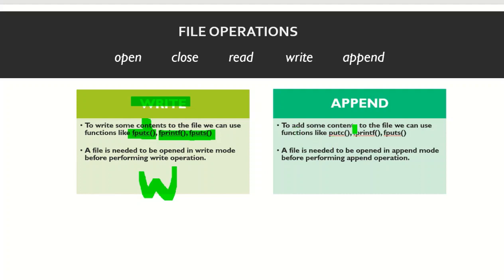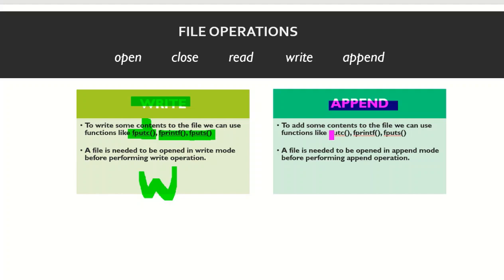The next operation is append. Append stands for adding some data to an existing file. That is, if a file has a lot of data and we want to add something to that file, we can use the append function.